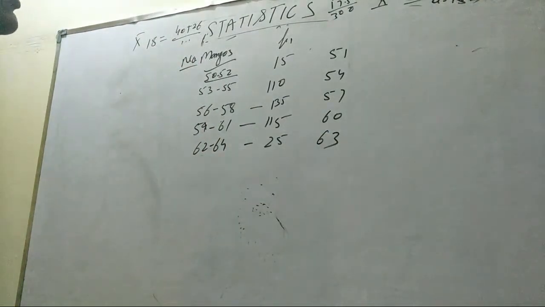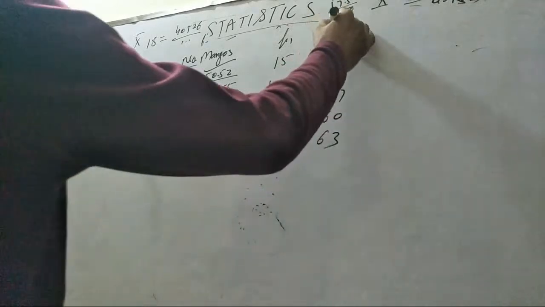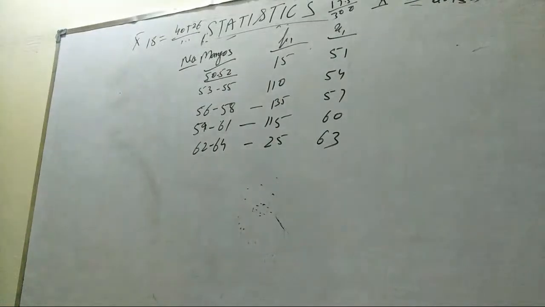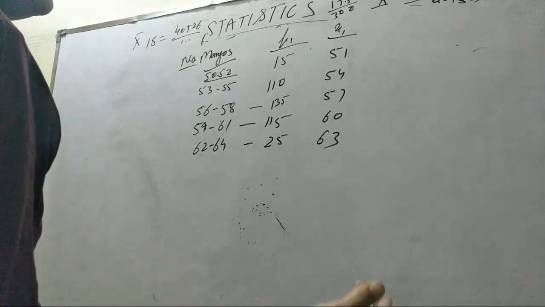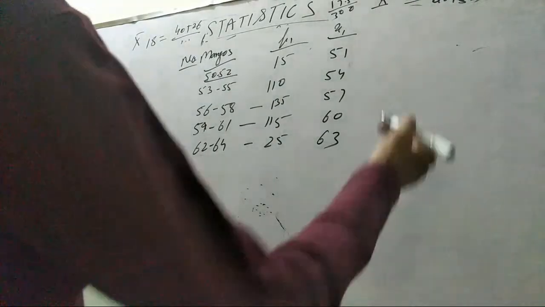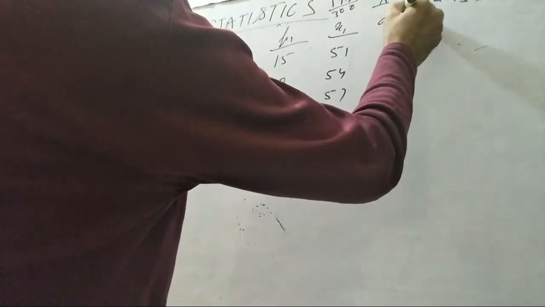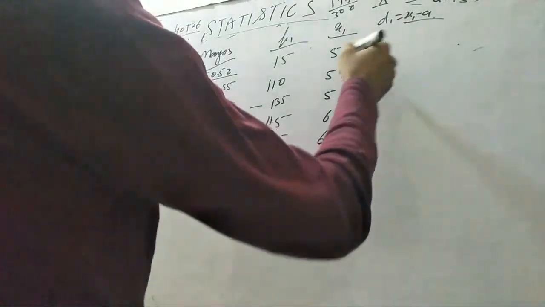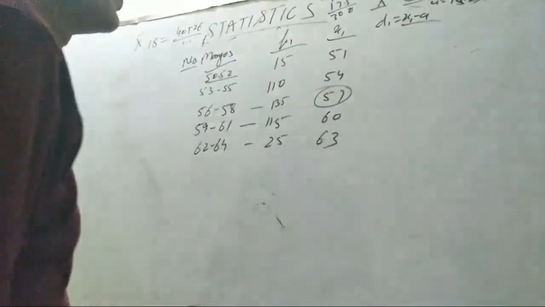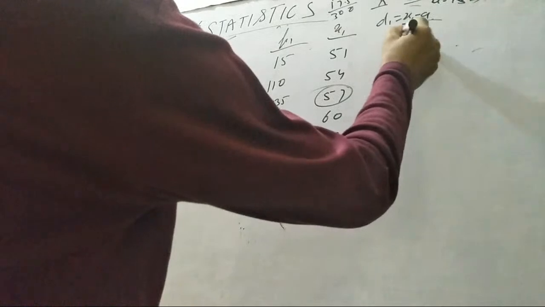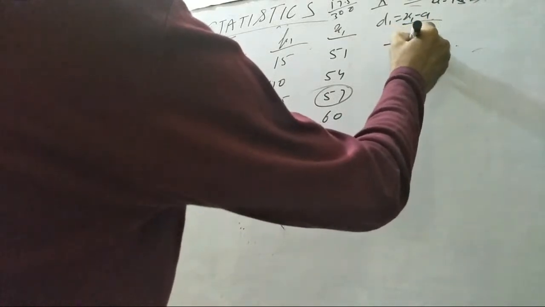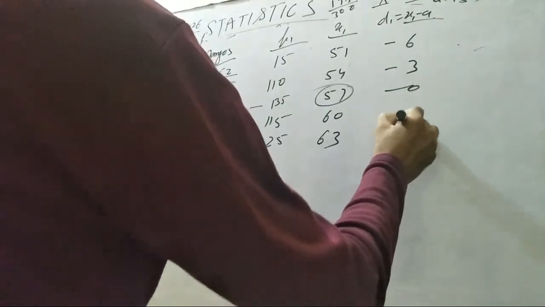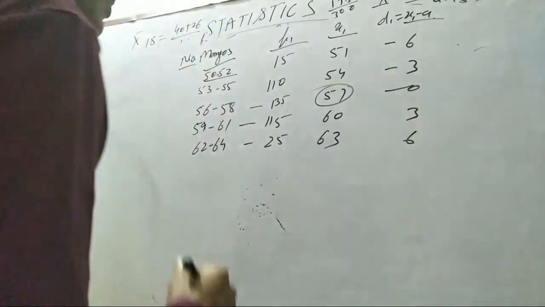This is our x1 frequency, and we assume, we minimize the multiplication, we assume d1 is equal to x1 minus a. This is equal to a. Suppose 57 is equal to a, then this is equal to 50 minus 6 minus 3 0 3 6.